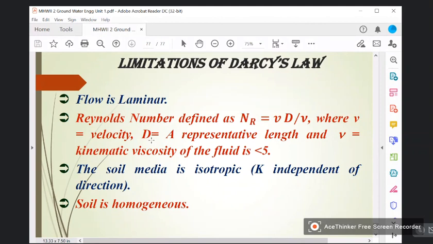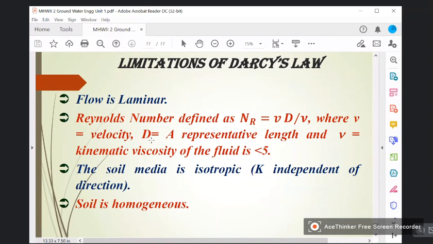Now here what is the D? In the case of a pipe, D was the diameter. In the case of a boundary layer, that distance was X or L. It is always a characteristic length dimension. So velocity multiplied by a characteristic length dimension divided by kinematic viscosity is the expression for Reynolds number.